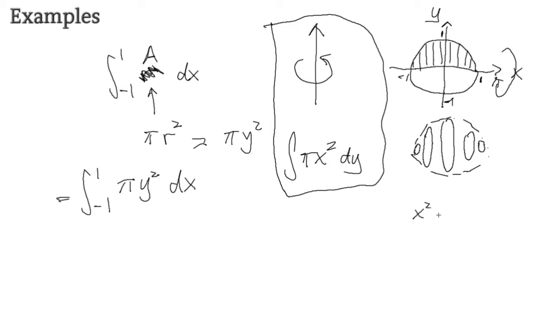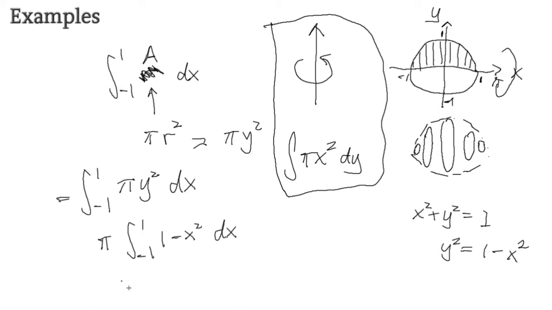So x squared plus y squared is always 1, because we have a unit circle, so this holds true in all cases, so we can tell that y squared is 1 take x squared. Convenient. Just plug that in with y squared, we get pi integral of 1 minus x squared dx.